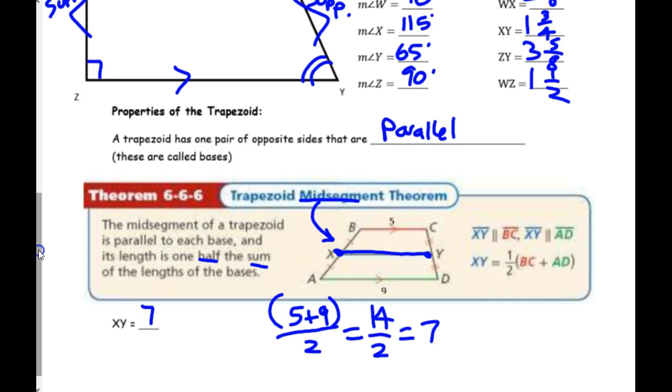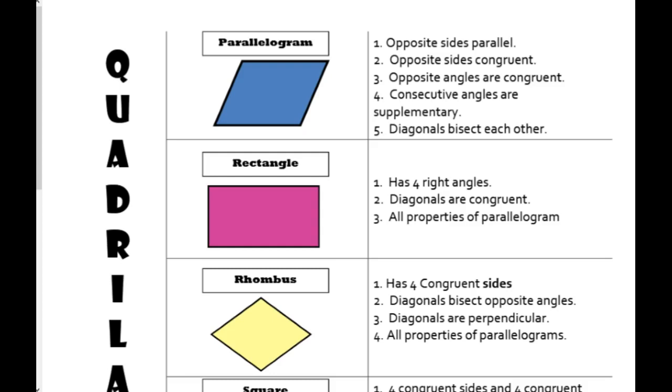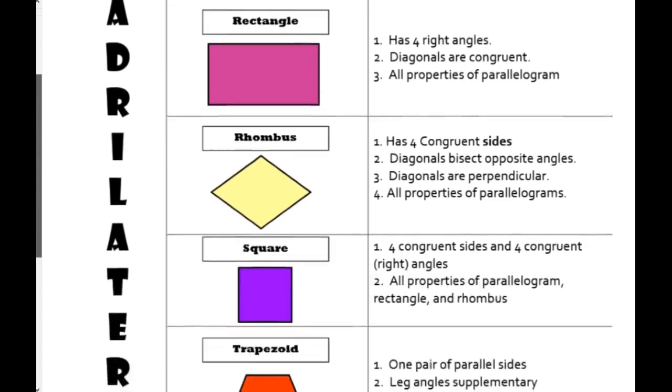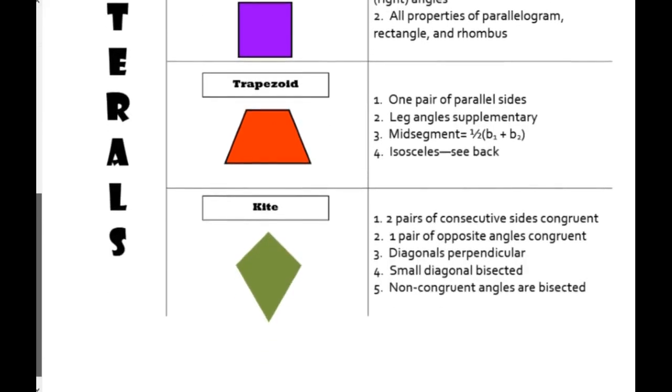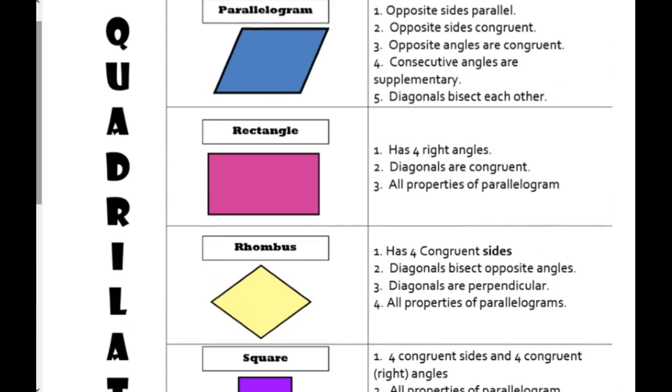But now you have this notes packet. Again, the very last page looks like this. Has all the properties that you need, okay, for everything. So with that information, I'm going to get you the assignment that you can get a head start on today, which we're going to definitely work on tomorrow as well.